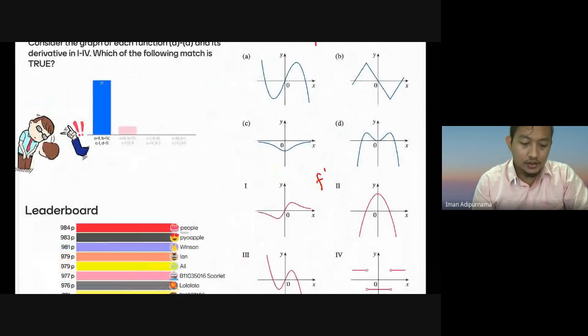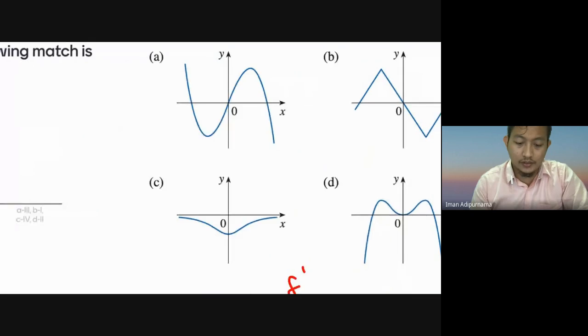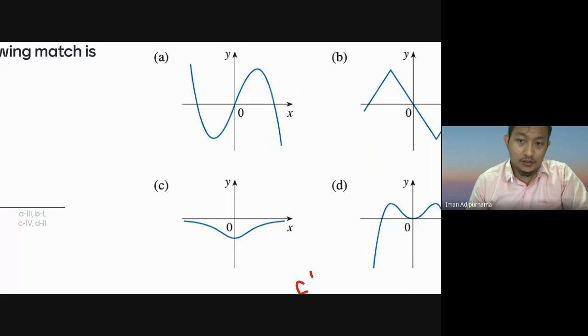Okay, so first look at how the functions look in the graph. When the function is increasing, when the function has a stationary point or a minimum or maximum point, we see number A. The tangent line is changing around here, and eventually at this point it becomes a horizontal tangent, right?